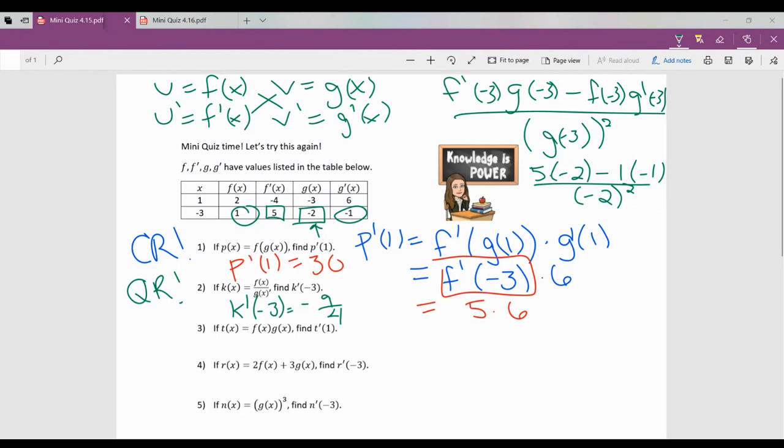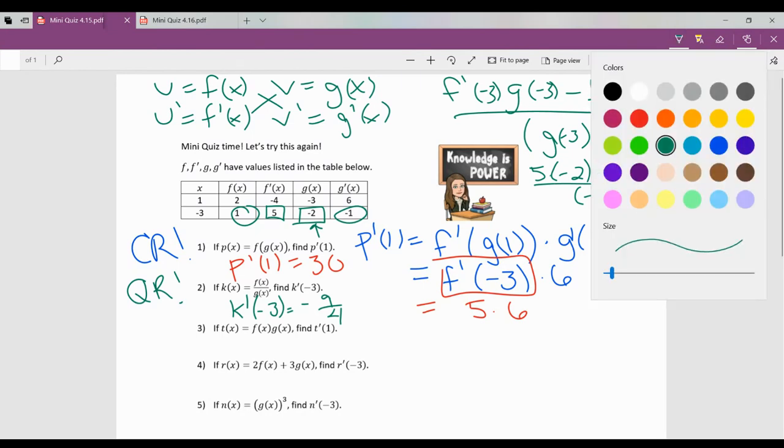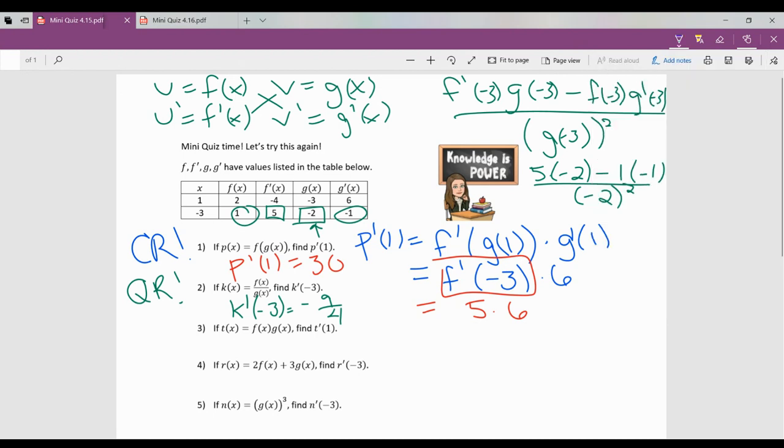All right, now for the next one, I'm just changing up colors here. Let's go purple. Okay, so we've got t of x equals f of x times g of x. So that is a product rule. So product rule, my u is f of x, my v is g. Oh, hey, I already have that set up right up here.